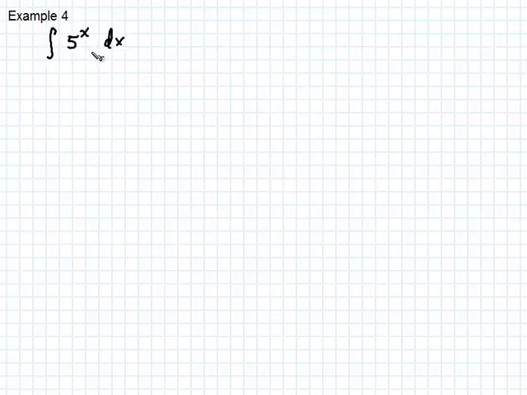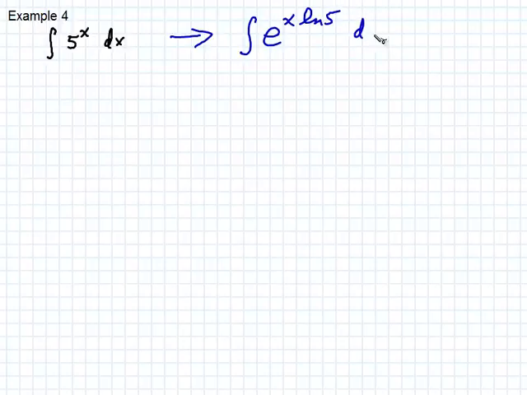How about this, where it's a base other than e? Well, we can always convert this to a base e exponential. Okay, so this is the same as the integral of e to the x log 5, because e to the x log 5 is the same as 5 to the x. So the integral of this would be e to the x log 5 times, it's going to bring out an extra log 5.